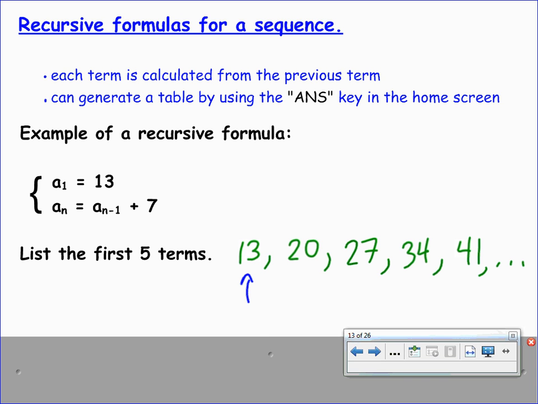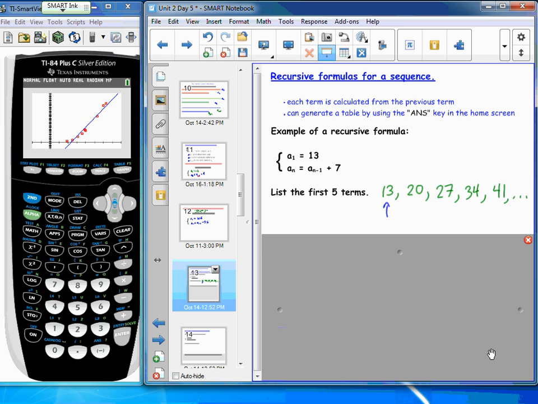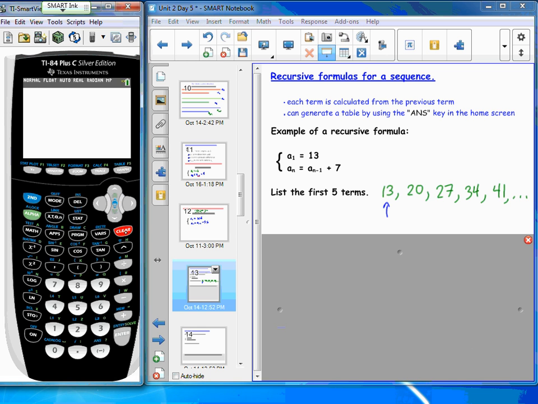This can be easily accomplished on a calculator as well. So if we had our calculator on my home screen, I could simply enter my first term. My first term was 13, so I'll enter that. Then I'll do plus 7, and it'll pull up the previous answer. Plus 7, enter.